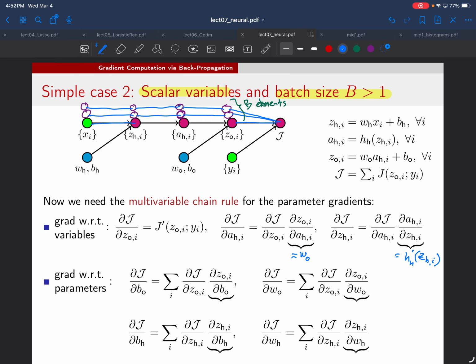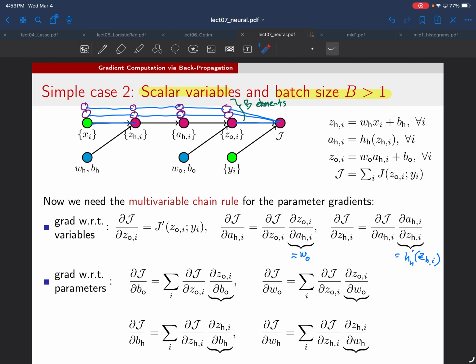Okay, so now let's consider the derivative with respect to this output bias. So we have to rethink how this graph is constructed. We know that the cost depends on all the elements in the batch. But if you look at these equations, all the different elements, all these Z_o^i, they all depend on this single b_o, right?